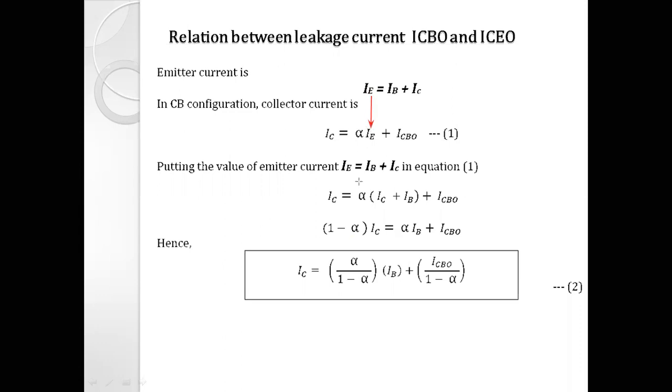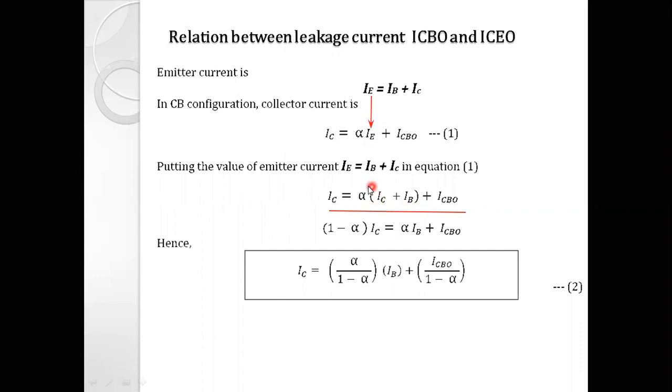So equation number 1 results into IC is equal to alpha times (IC plus IB) plus ICBO. On the right hand side, when we open the bracket and multiply alpha to IC and IB, the first term is alpha into IC.